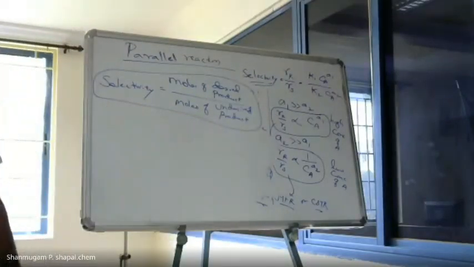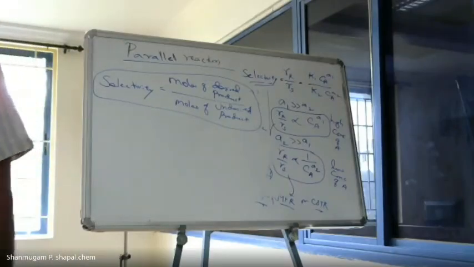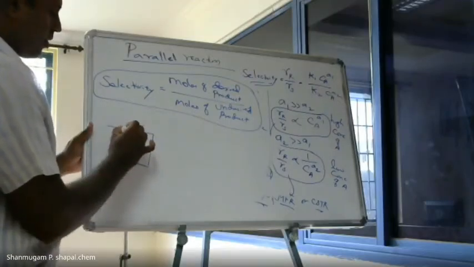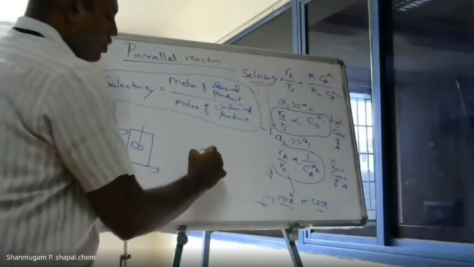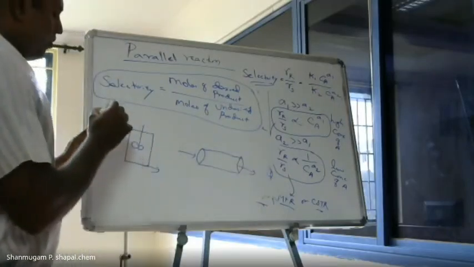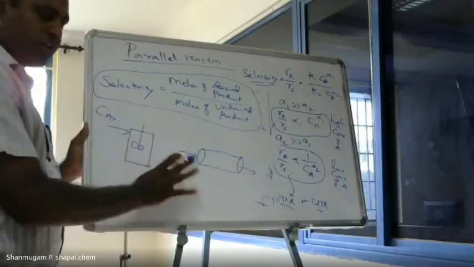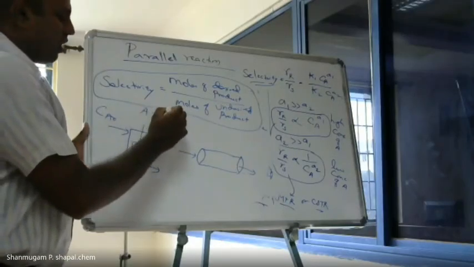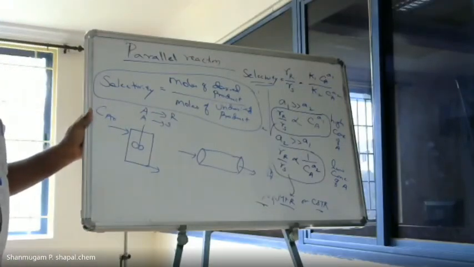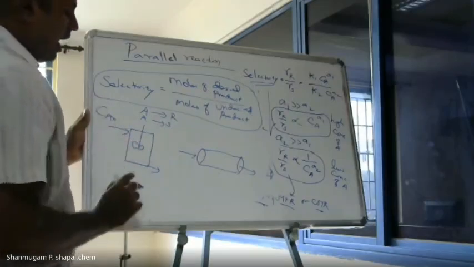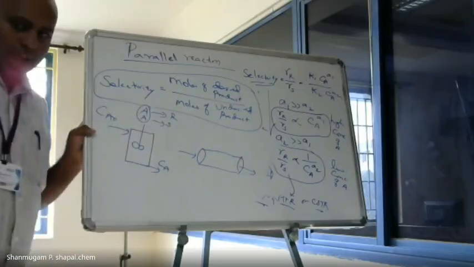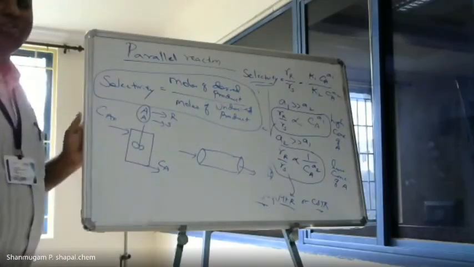Here again, there are two possibilities because you have two reactors. For example, you have a tank and you have a tube. Say Ca0 is the initial concentration, with reaction mechanism A gives R and A gives S. You always consider Ca because depending on the concentration of A, we can easily identify how much has been converted.